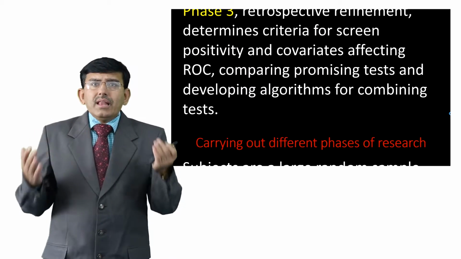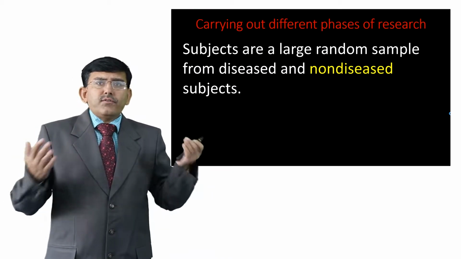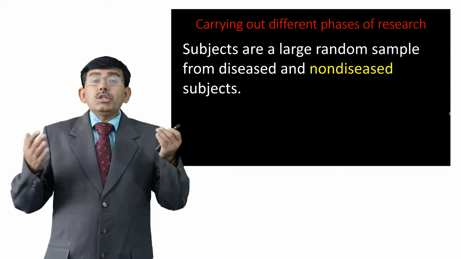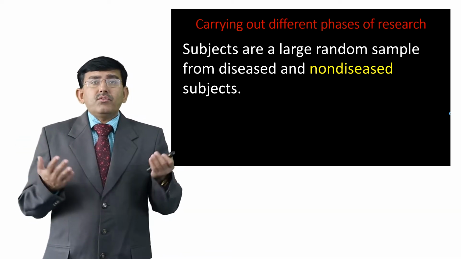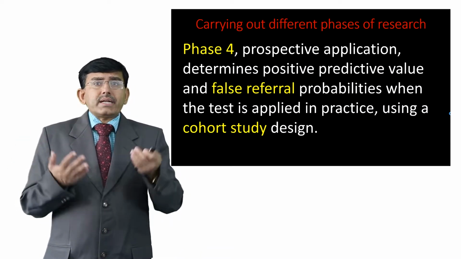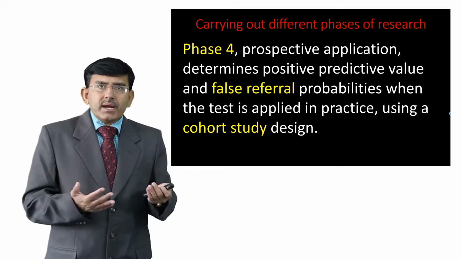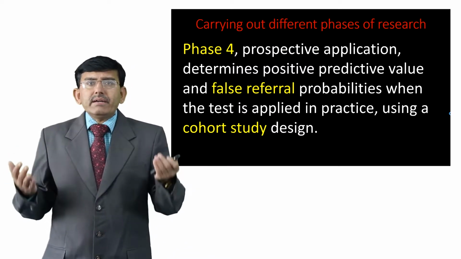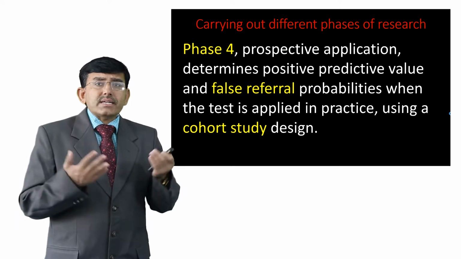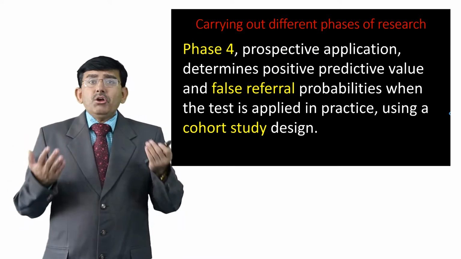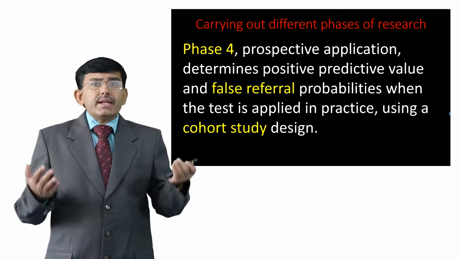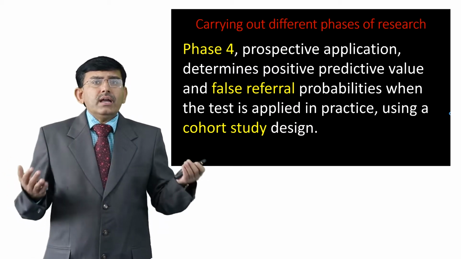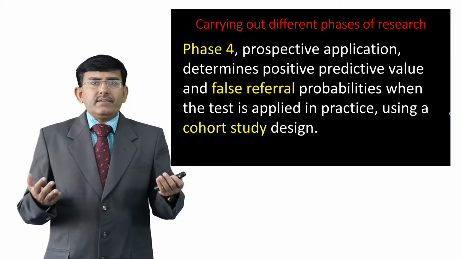Subjects are a large random sample from diseased and non-diseased subjects. Phase 4, prospective application, determines positive predictive value and false referral probabilities when the test is applied in practice using a cohort study design.